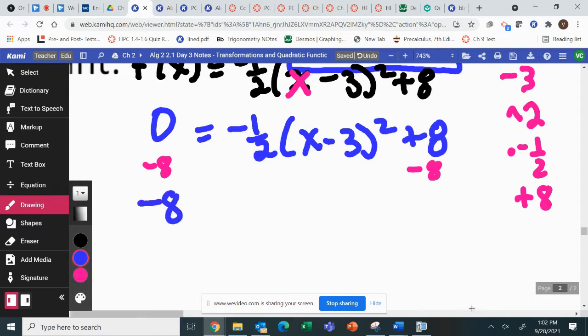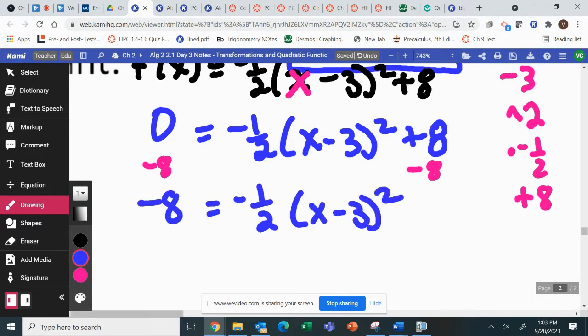So now I have -8 equals -1/2 times (x minus 3) squared. Now we need to get rid of that times -1/2. Yanzi, do you know how to undo multiply by -1/2? Yes, correct. To get rid of multiply by -1/2, you're going to multiply by -2.